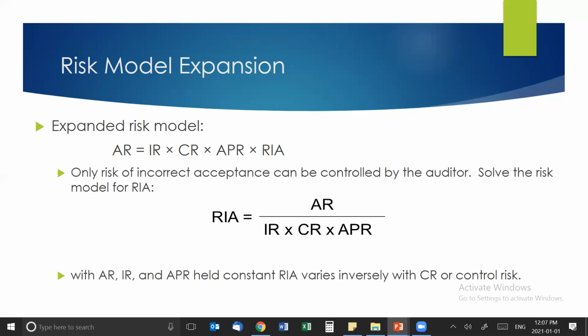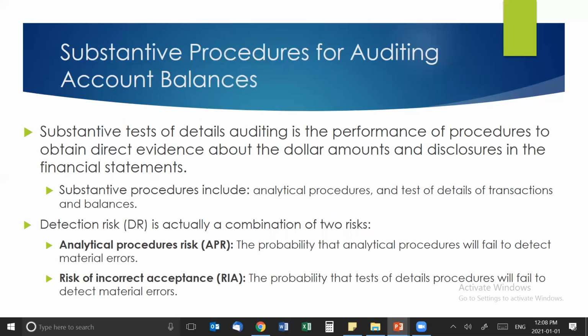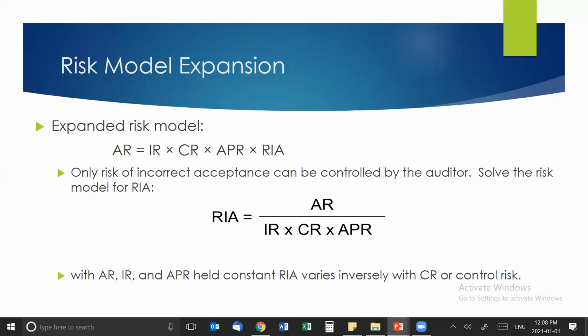So we're going to solve the risk of incorrect acceptance. That is going to be your AR, audit risk, divided by your inherent risk times your control risk times your analytical procedures risk.